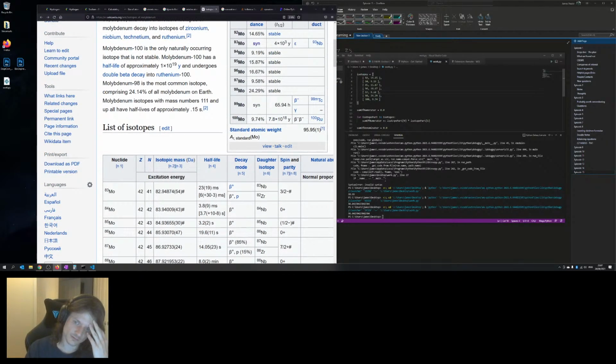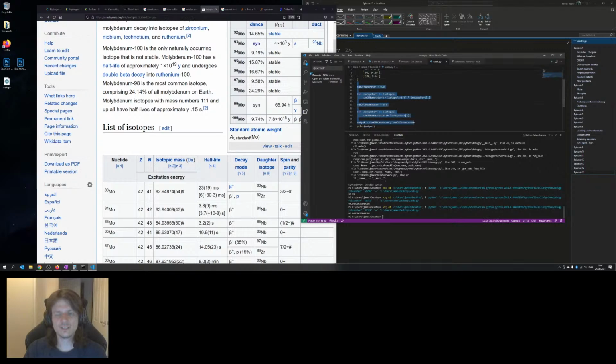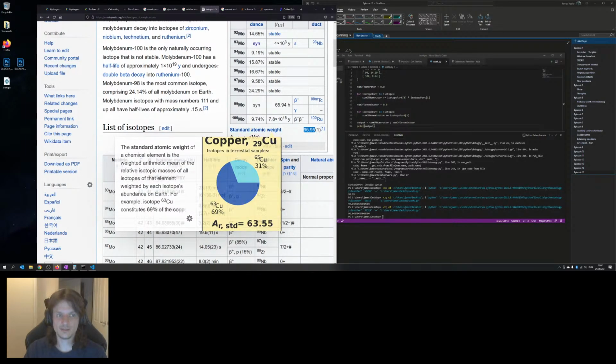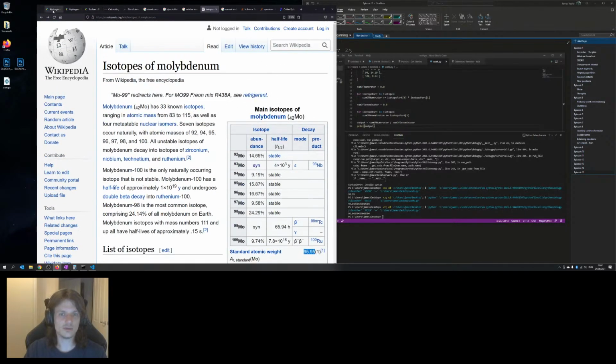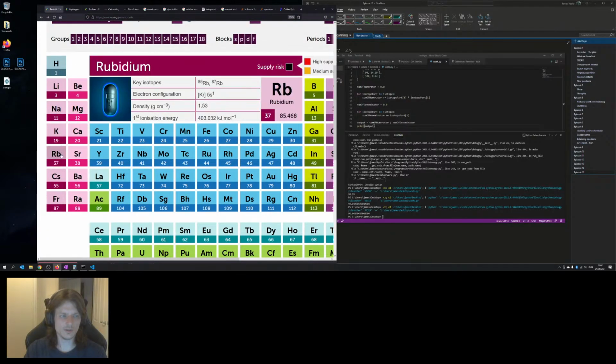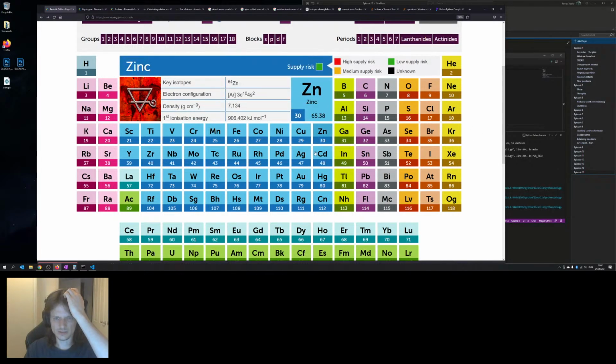Why is that 95.95? That's interesting. Alright, well, I don't think I'm doing this right if I'm not getting the same answer. Standard atomic weight. What was this again? Isotope of Mo. Mo, where are you? 95.95.